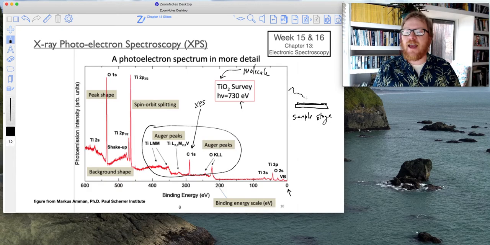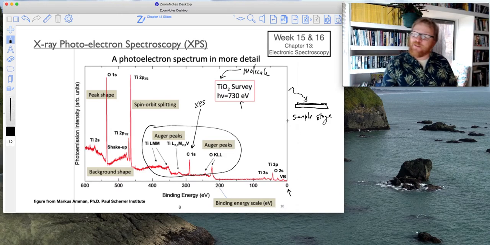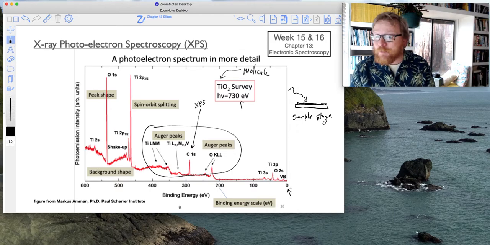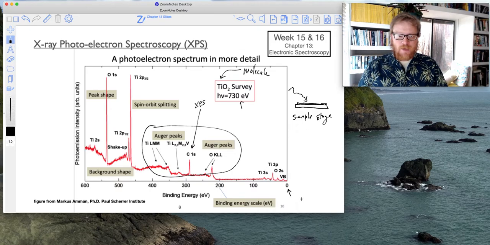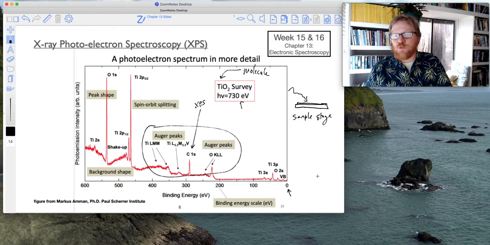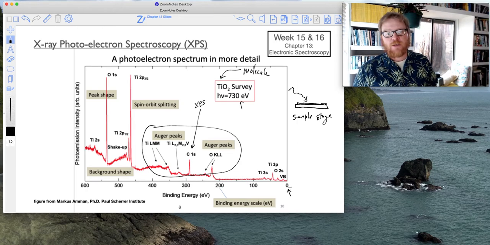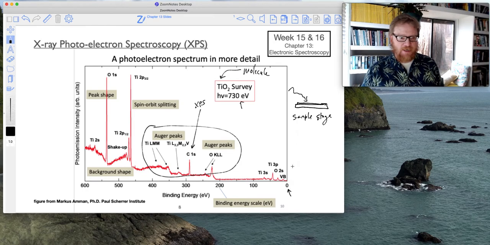Every now and again, the XPS technique can sample some of the elements on the sample stage if you haven't manipulated it perfectly, okay? So XPS, as we said, is really, really sensitive. It could also be carbon contamination from someone's fingers, right? So this is a really, really sensitive technique.